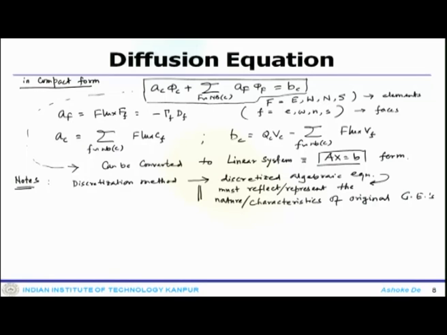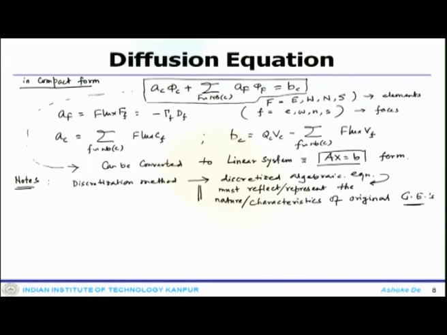Whatever physical system you are dealing with, the governing equations are the representation of the physical problem, which is represented with a series of partial differential equations. They are discretized to get the algebraic equation which should reflect or represent the characteristics.